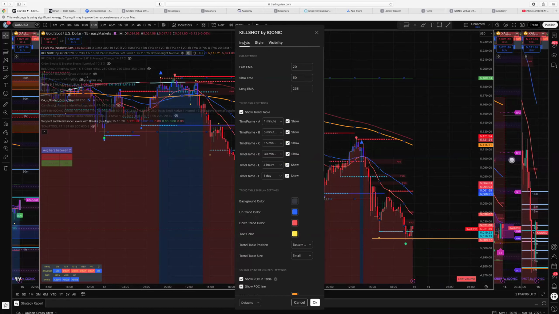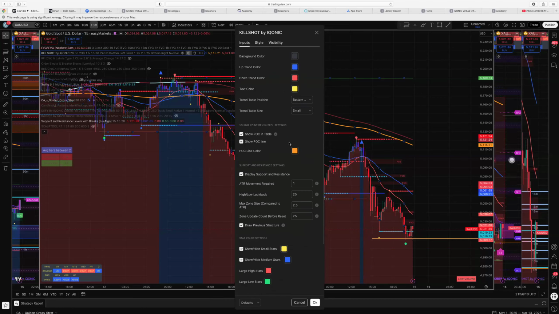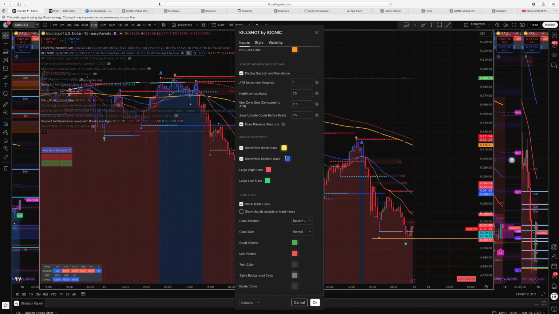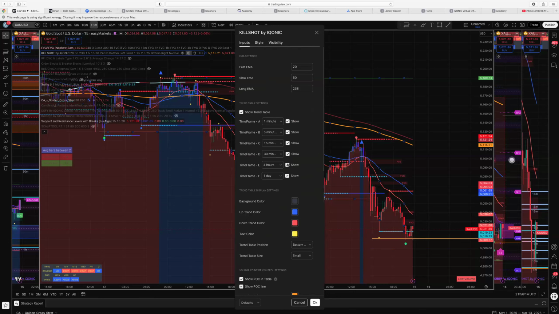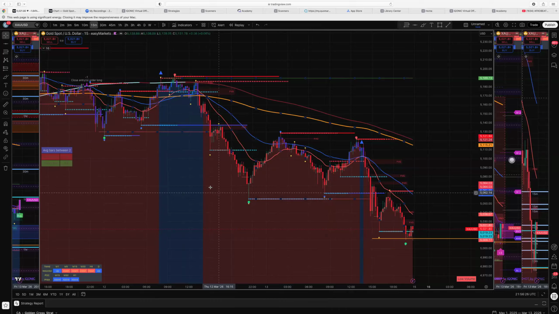I haven't really played around with the settings on Killshot, but just make sure that you've got your EMAs set at the top, because everybody should have their EMAs on here, okay? So as long as you've got that there, you don't need to add EMAs or anything like that, right?